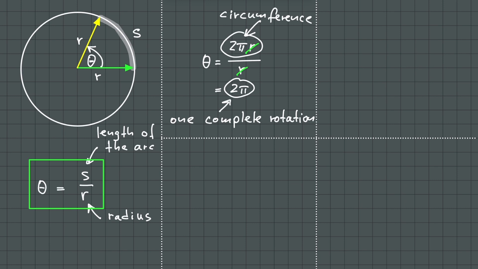What if we have a radius of 3 meters and an arc of 12 meters, which is opposite the central angle of that circle? What is the radian measure of the central angle of this circle then?